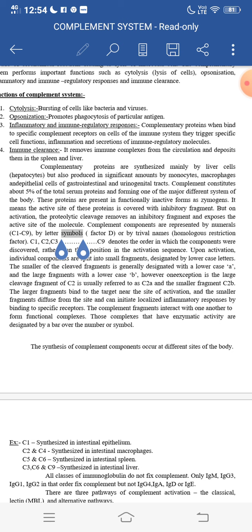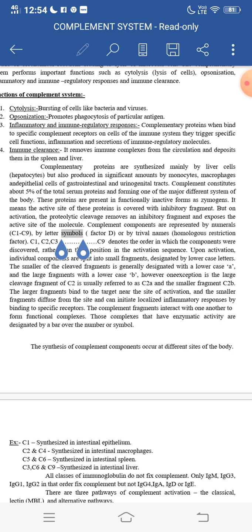So an inhibitory fragment, the inactive form of the fragment, is present on this set of complement proteins. The active site of the proteins is blocked by the inhibitory fragment.